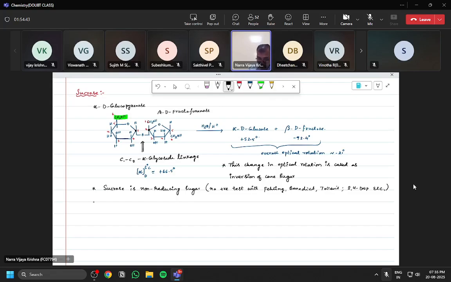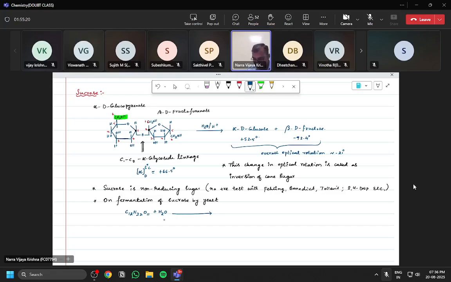Right? This hydrolysis can be done by using enzymes also. So on fermentation by yeast, C12H22O11 undergoes hydrolysis in the presence of an enzyme.